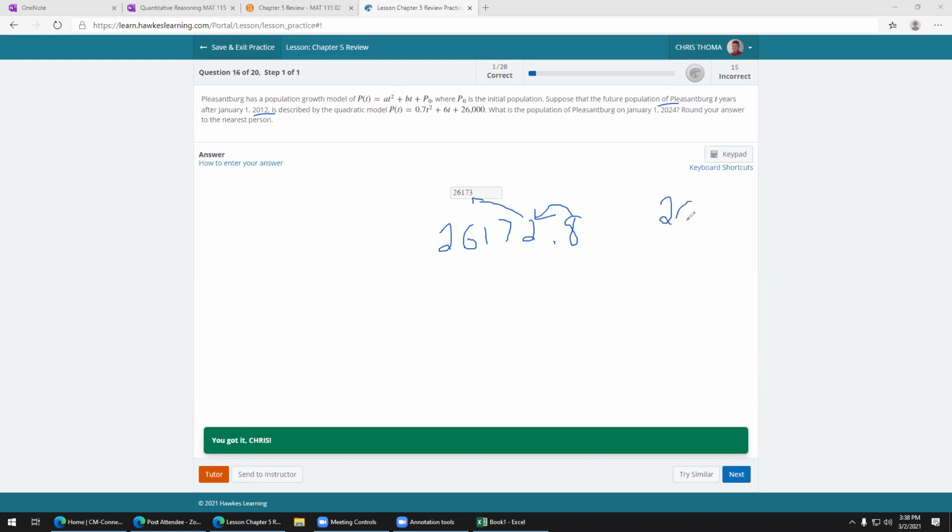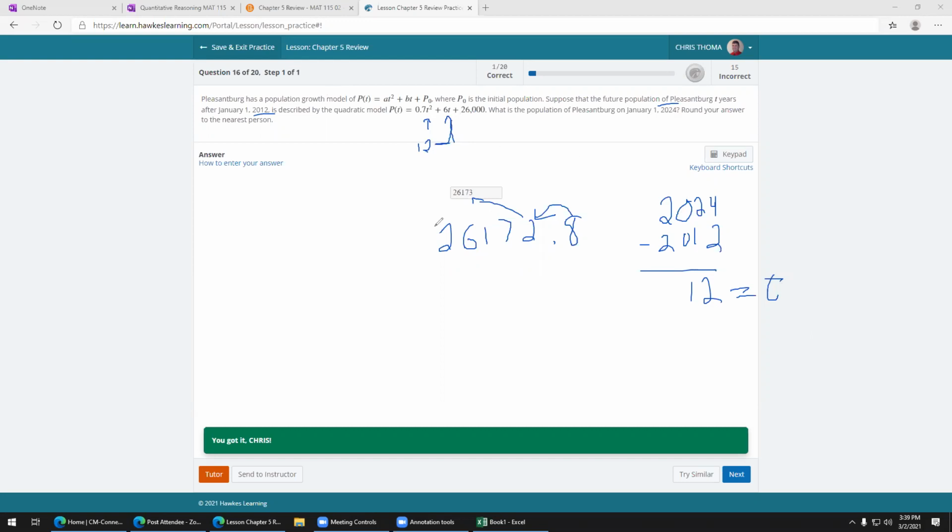I take 2024 and subtract 2012, which gives me 12 years. So that is what T is. There's a 12 years difference between 2024 and 2012. So then I put 12 in for T.